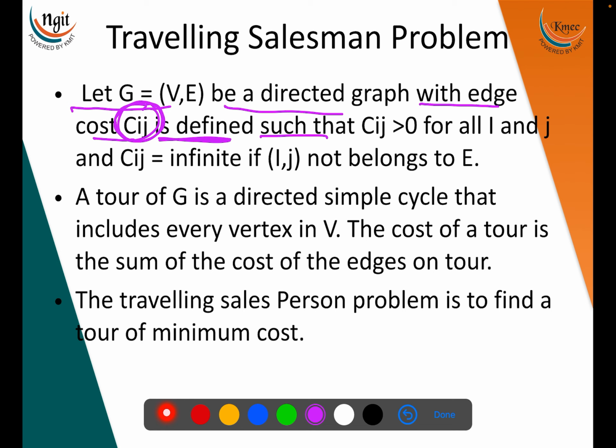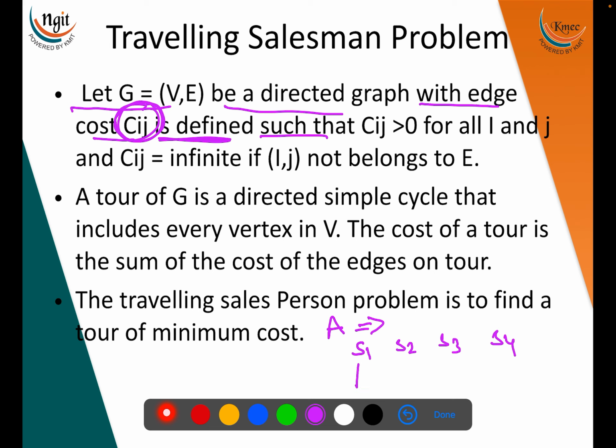Let us assume that a salesman A wanted to sell the products he has in a tour by visiting other places. Now he wanted to visit S1, S2, S3, S4. These are the cities he wanted to visit. Now he is planning a tour among these cities.